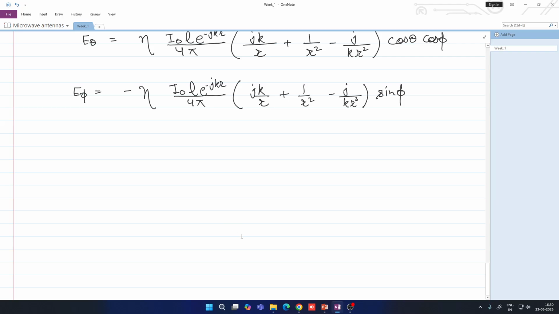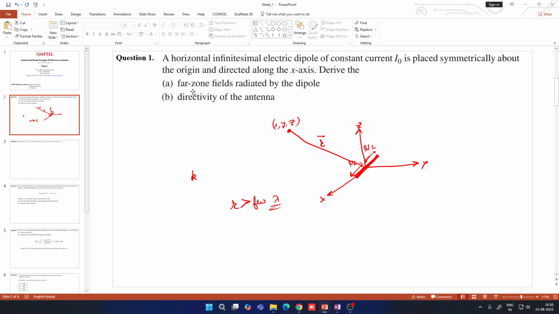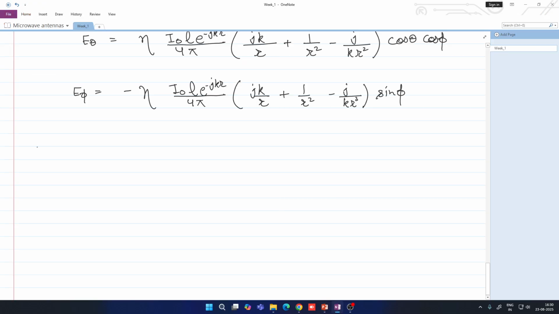Now in the question we were asked to find the far zone fields radiated by the dipole. For the far field region, kr is much greater than 1, so commonly r is greater than a few lambda.